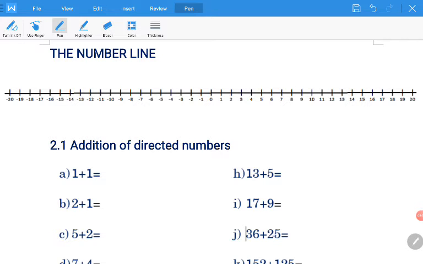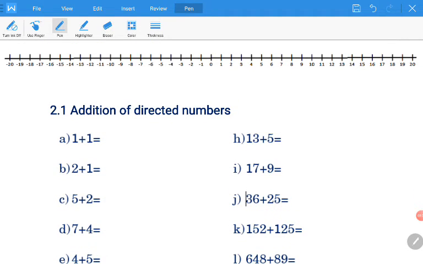Let's say you want to tackle question A, which is saying 1 plus 1. Using the number line, you should bear in mind that if we are adding, addition, we move to the right.